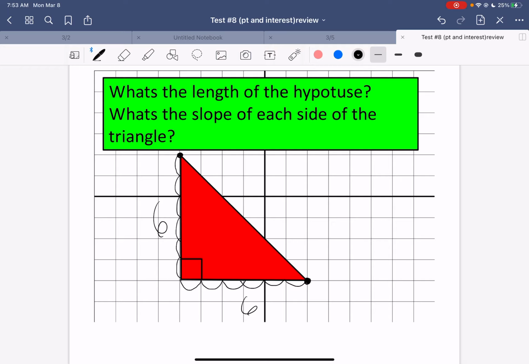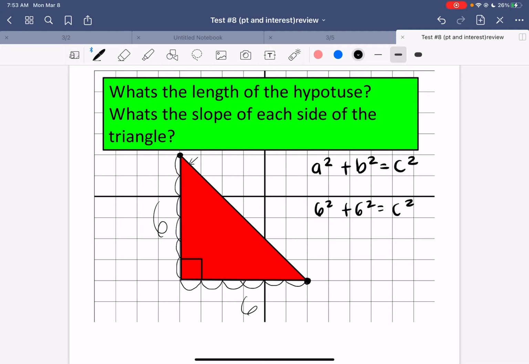So we have 6 on each side, but we cannot properly count the length of this side cutting across, even though it looks like it's right in half, we cannot consider that as 1. So what we're going to need to do is use the Pythagorean theorem in order to solve for this. So we would go a squared plus b squared equals c squared, and then we got 6 squared plus 6 squared equals c squared.